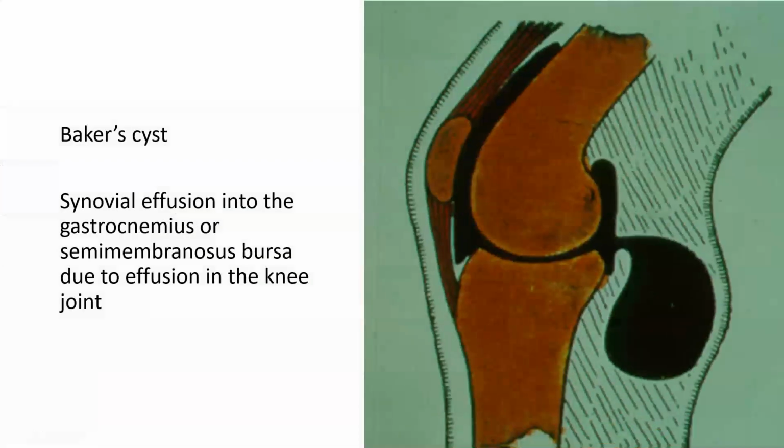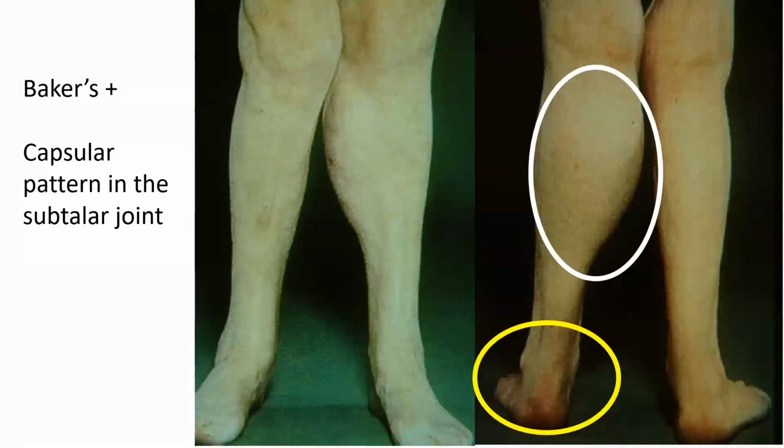A Baker's cyst could cause quite a severe swelling in the calf, which is illustrated on this very old picture, but it's still spectacular. But why do I like to show you this old picture? Because there's also something else in the yellow circle. Have a look at the subtalar joint, and you see that the subtalar joint is in valgus.